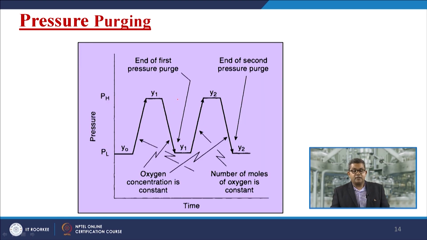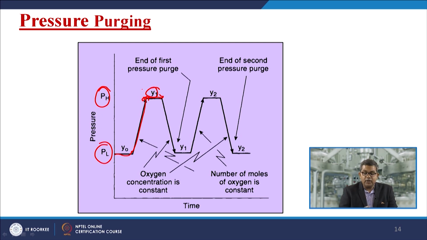Here again we have a small plot, with a high pressure and a low pressure zone. Y naught is the initial concentration of oxidant. We increase the pressure of the system, and then introduce the inert gas so that it maintains Y1, the concentration of oxidant in the vessel, and then we lower the pressure again.